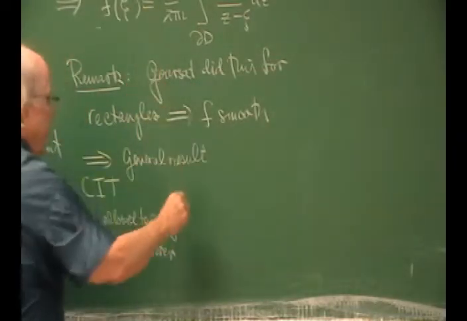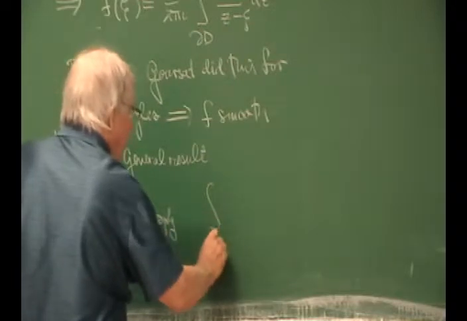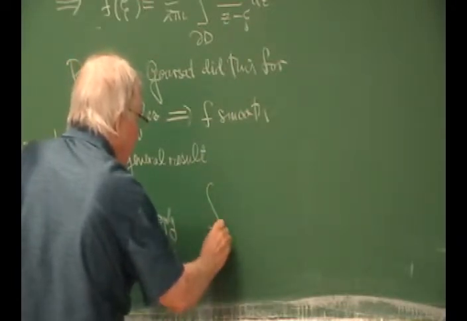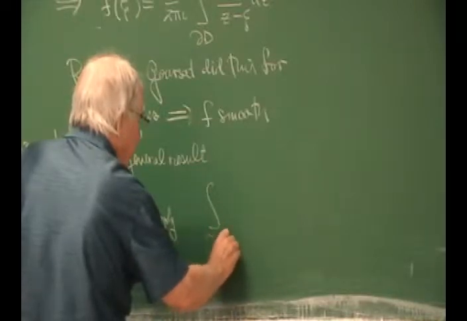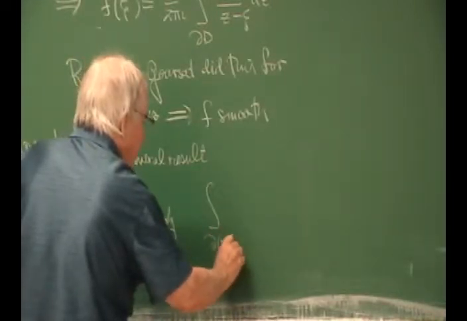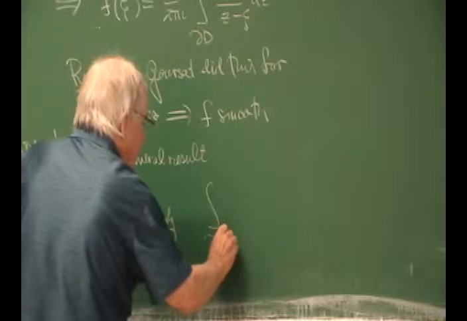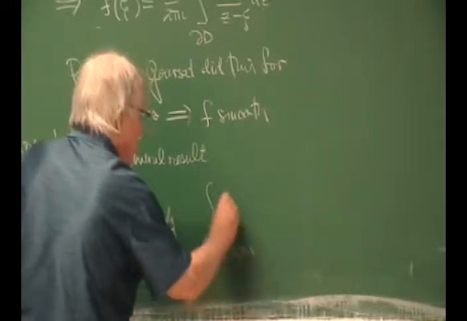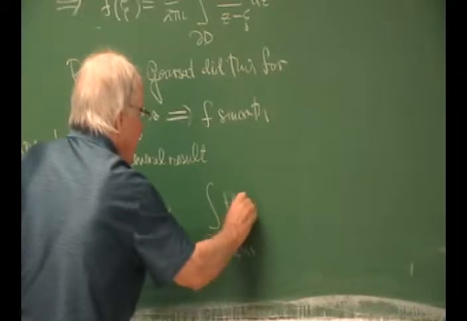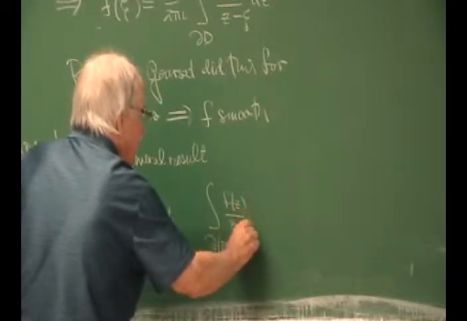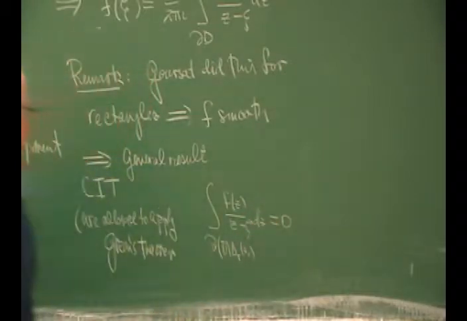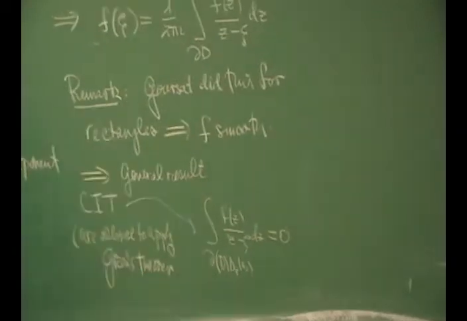What we use in this case is that the integral around the boundary of D minus the disk of f of z over z minus zeta dz is 0. And this is the Cauchy integral theorem.